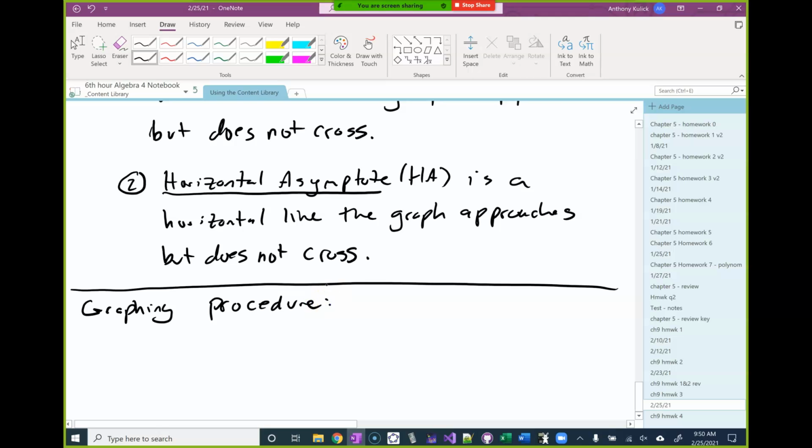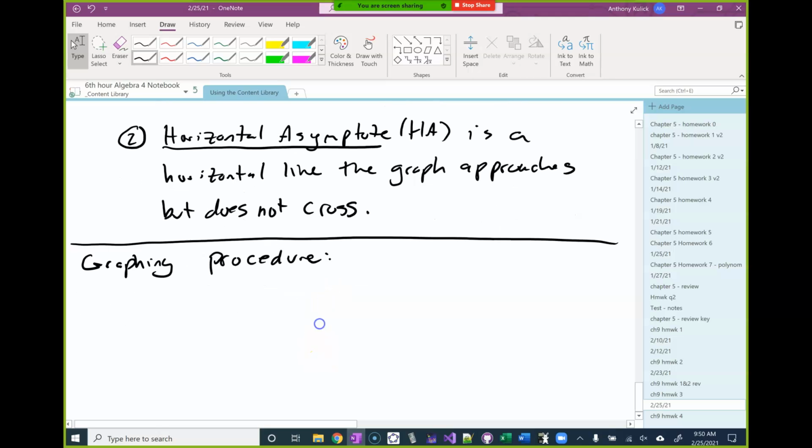So the way that we're going to graph these things is as follows. First thing we're going to do is find the vertical and horizontal asymptotes.